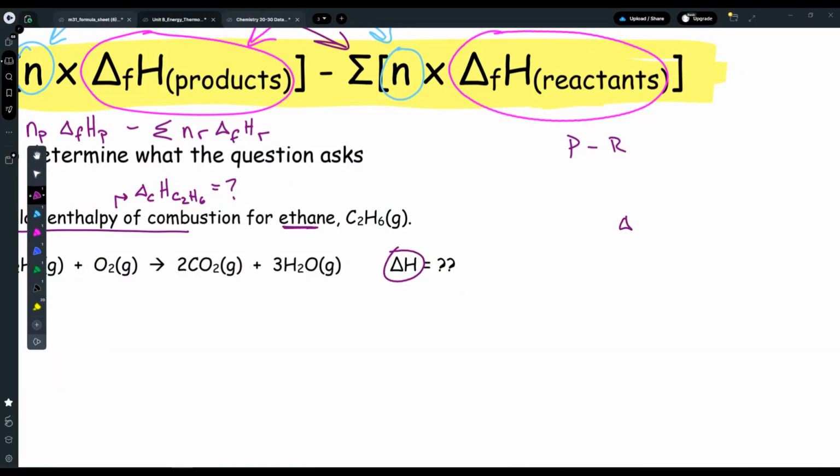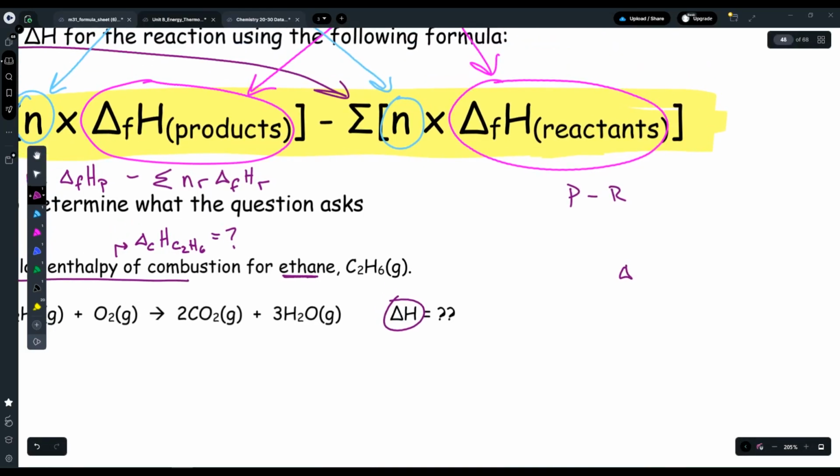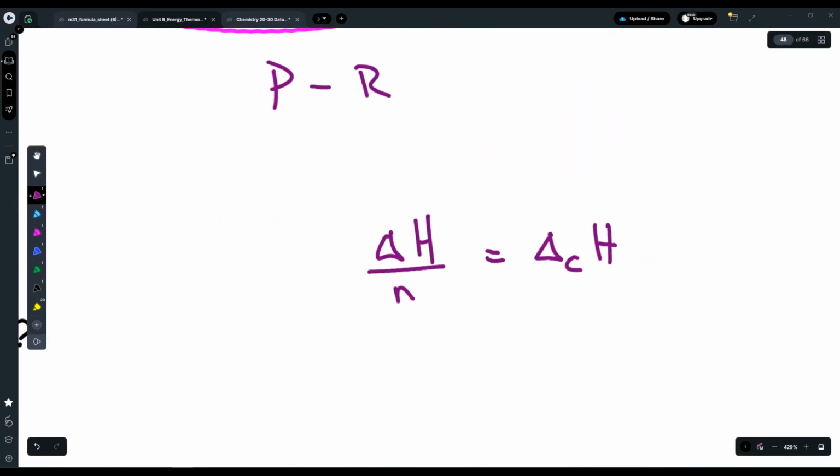If you wanted the formula version of what I just said, we're going to take our change in enthalpy and divide it by our moles to get the molar enthalpy of combustion of ethane.